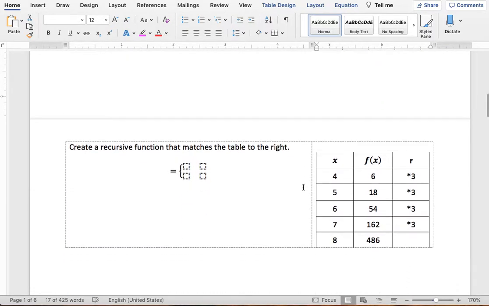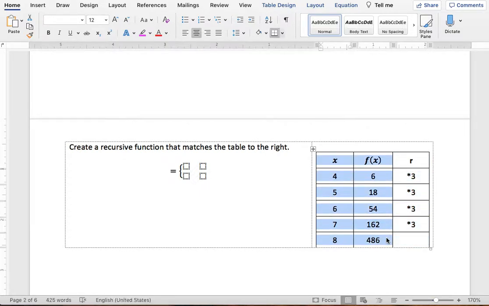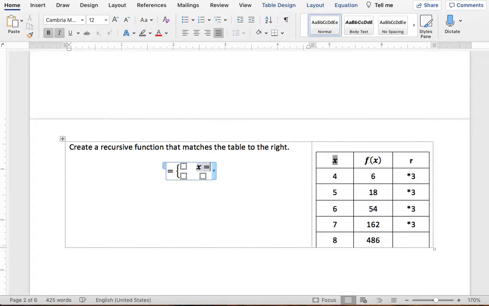So let's have this. So how would I go from this table of values to a recursive function? All right, so using that same sort of thinking, first I know that my dependent variable is x's, so x equals something, and then it's going to be x greater than something.